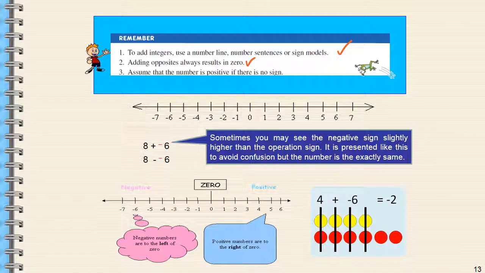Adding opposites always ends up in 0, such as the example I had before, -3 plus +3 is going to equal 0. If there is no sign, assume that the number is positive. Sometimes you'll see the symbols written slightly above, particularly the negatives, so it's not confused with the minus sign, because it does make a difference as we go into further maths.